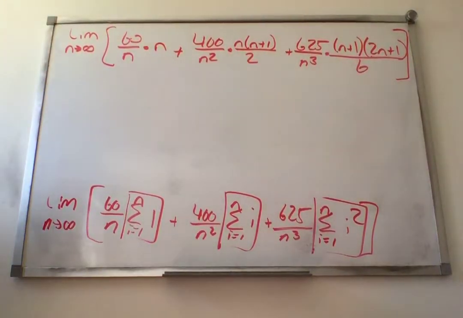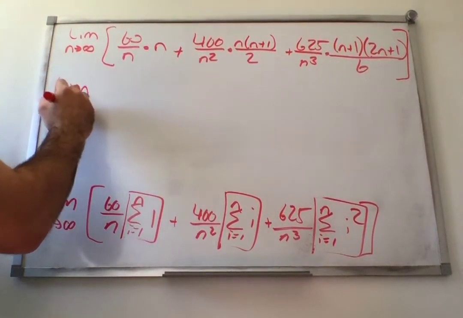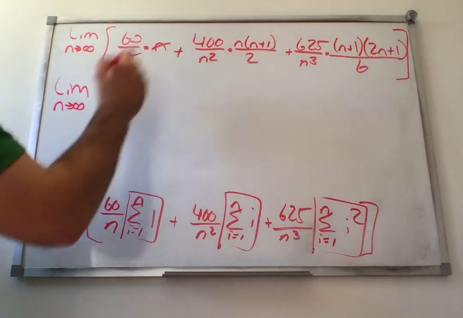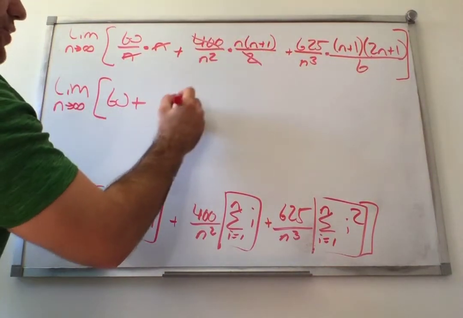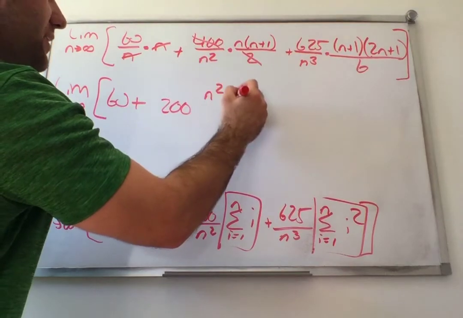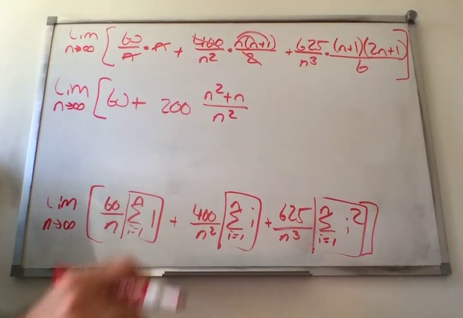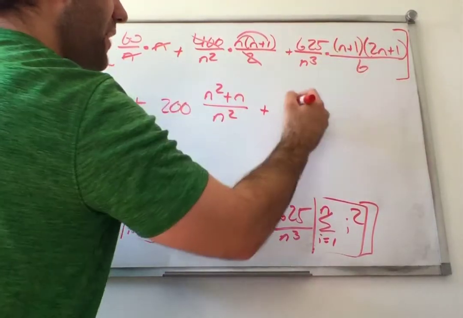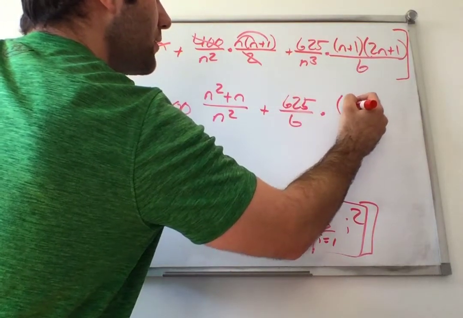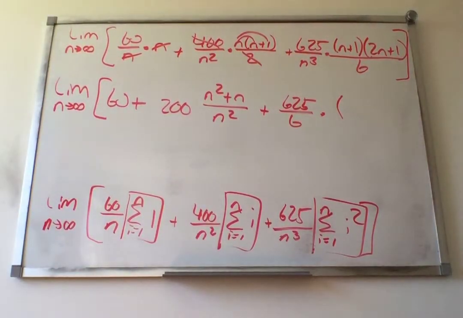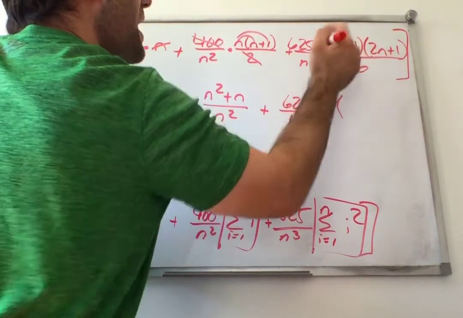Now let's go ahead and cancel and see what we have left over, and then we'll be able to evaluate our limit. So limit as n goes to infinity. Well, n here and n here cancel, so we get 60 plus 400 divided by 2 is 200, and we get n squared plus n. I just distribute that to there, divided by n squared. Plus 625 divided by 6, that doesn't simplify, times, I'm missing a piece. 625, there's an n right there, okay?